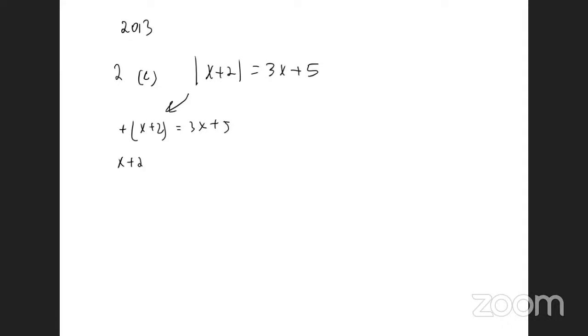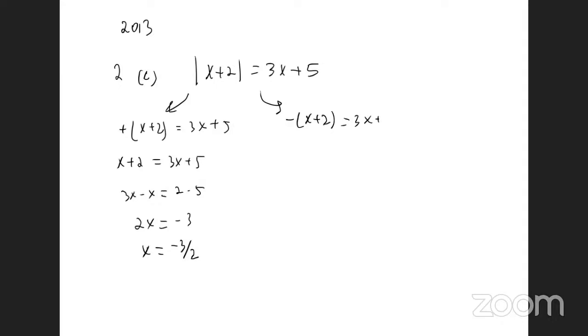x plus 2 is equal to 3x plus 5. 3x minus x is 2 minus 5. 2x is minus 3. x is minus 3 over 2. That's the first one. Opposite side, minus x plus 2 is equal to 3x plus 5.